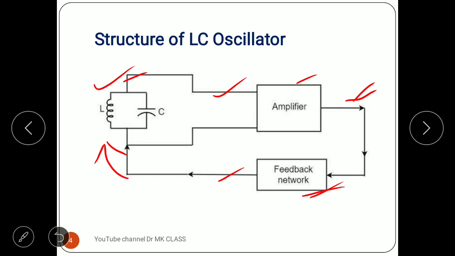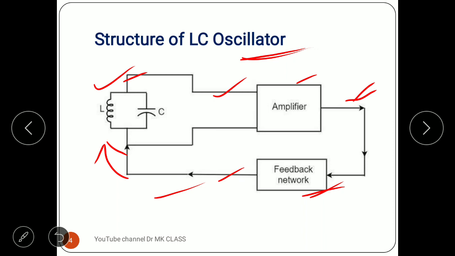Then only the circuit will act as an oscillator circuit. That analysis is the mathematical part, studied from the control system point of view in the Laplace domain. Then we will come to know how it behaves as an oscillator. But this is the theoretical part.